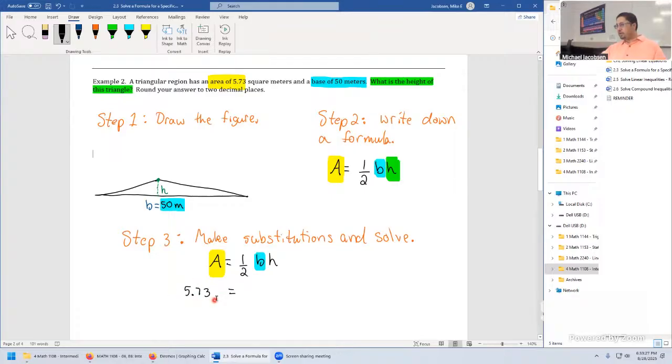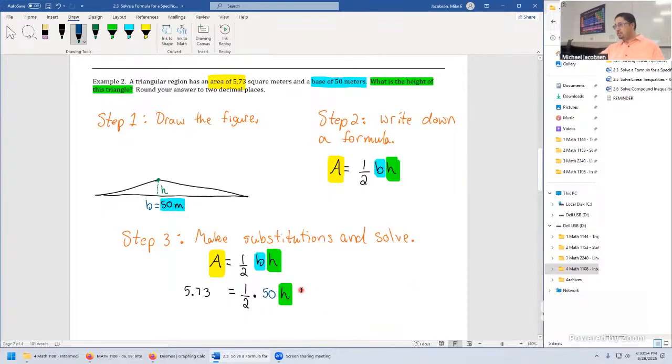But while I'm solving the equation, I probably would just leave it right in this format, focusing more on the algebra, less on the units for the moment. So then 1/2 times, the base was 50 meters. I'll just put it in as a 50, multiplied by the height, h. So that's the thing we'll be solving for.